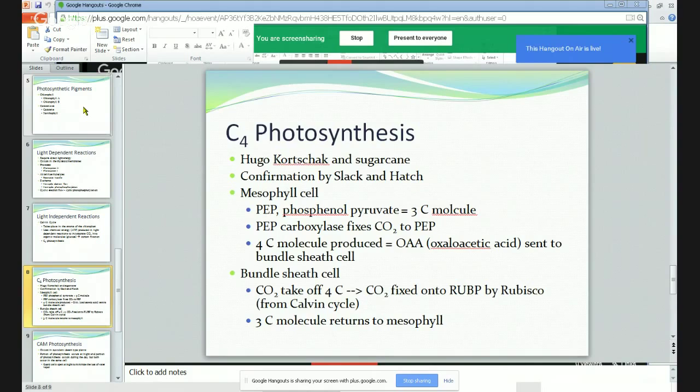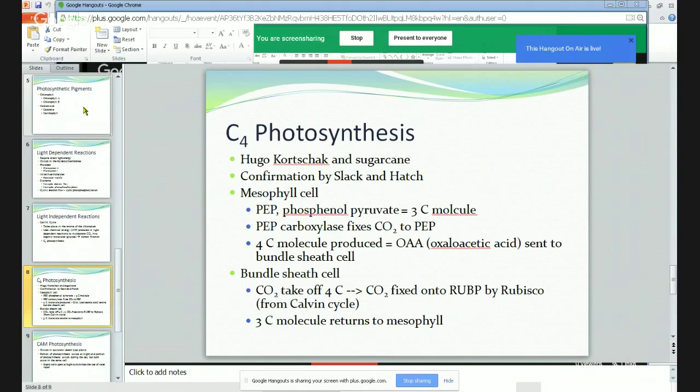C4 plants are thought to evolve after your C3 plants in tropic areas that have high temperatures and really dry conditions. So they can outcompete those C3 plants in dry conditions. Now, that's not going to be the same as the CAM plants that we're going to talk about at the very, very end that are in really, really dry places.